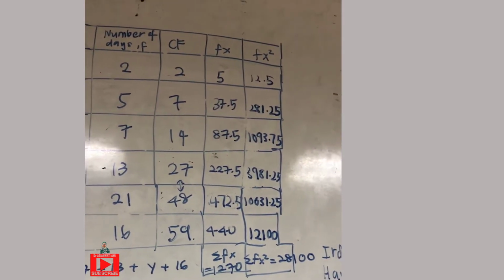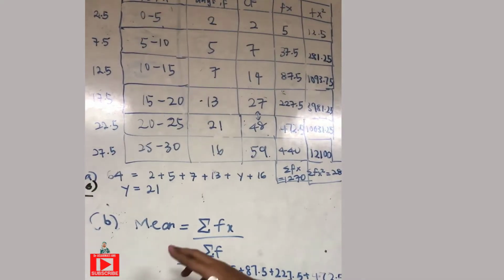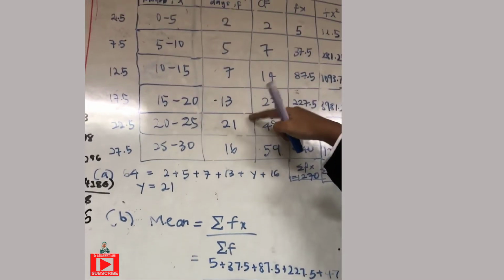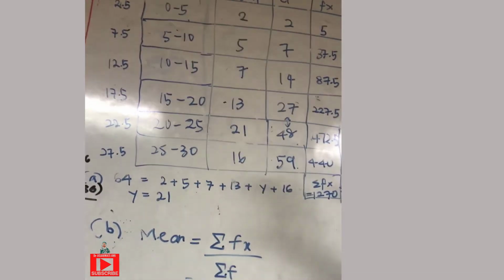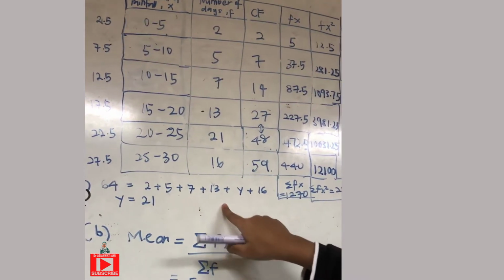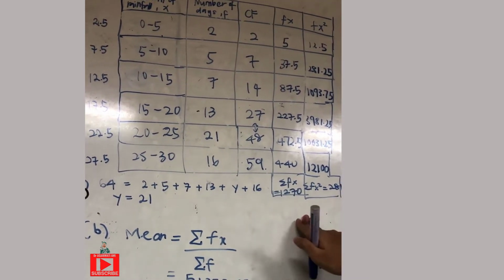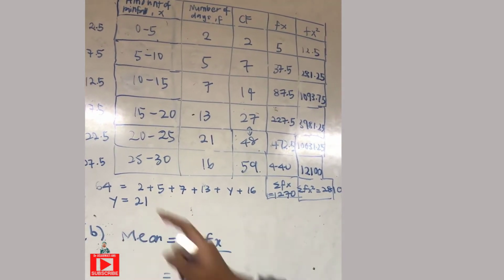So for question A, find the value of constant y. So in the question, y is here. So we add all the frequencies: 2 plus 5 plus 7 plus 13 plus y plus 16 equals 64. So we got y equals 21.